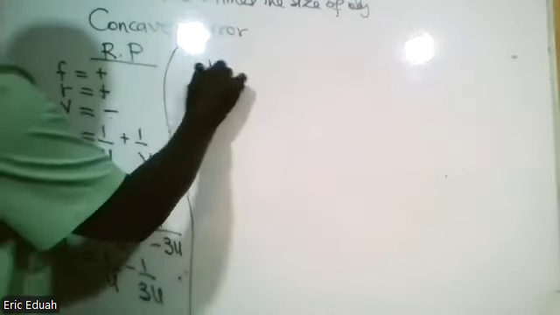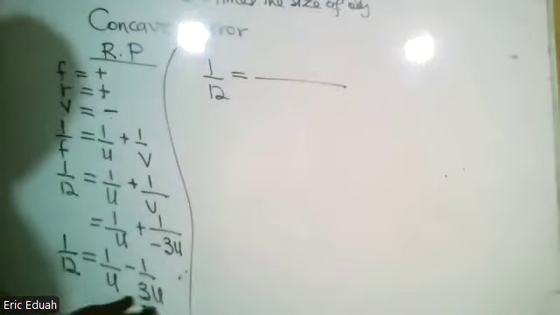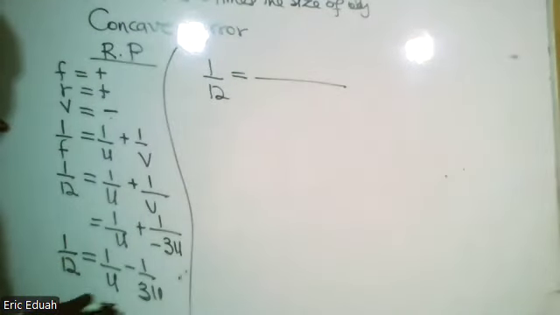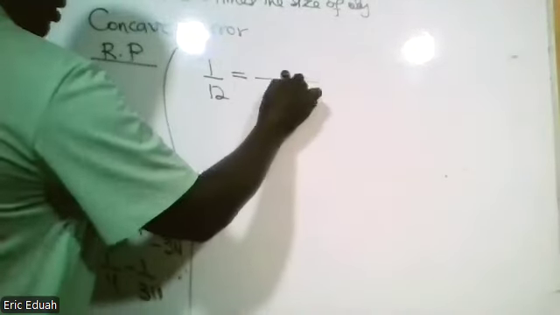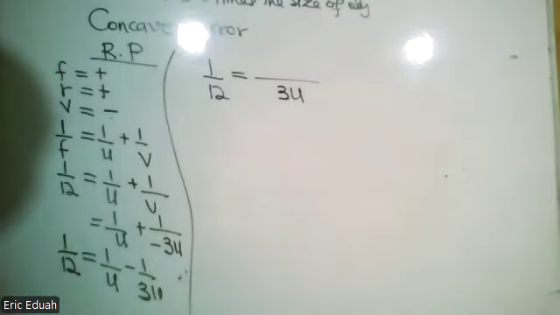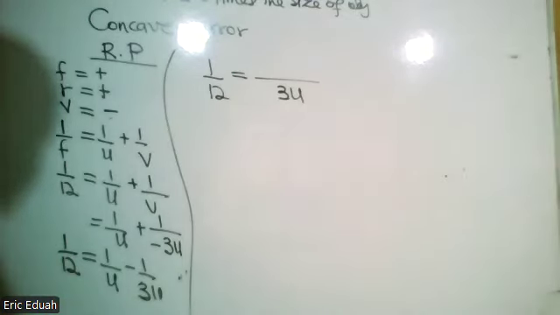So 1 on 12 is what we do. You said you got what? 8. 3U goes into the LCM 1 remainder 3.